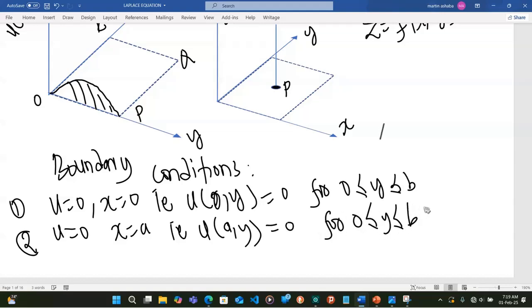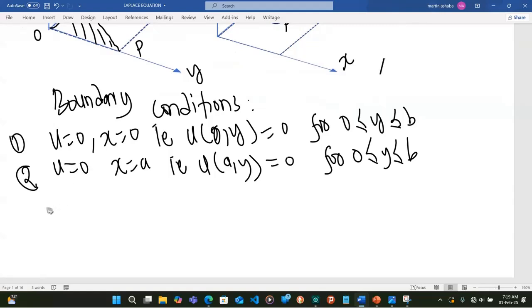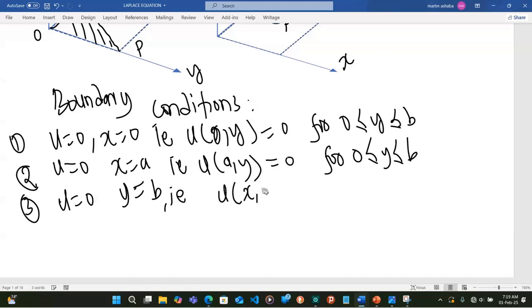Then the third boundary condition that we always consider is u equal to 0 when y is equal to b, that is to say u(x, b) = 0 for 0 ≤ x ≤ a.